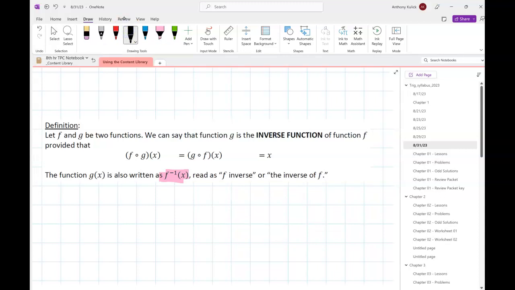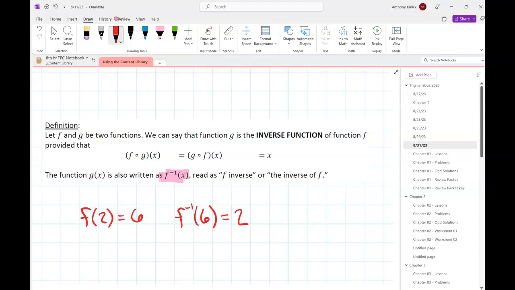So what we're going to do for the rest of today is talk about how we find inverses. Before I do that, though, let's give a little example of what this idea of an inverse is saying. So let's say that f of 2 is equal to 6. What f inverse needs to do is take the output of f and return back the input.